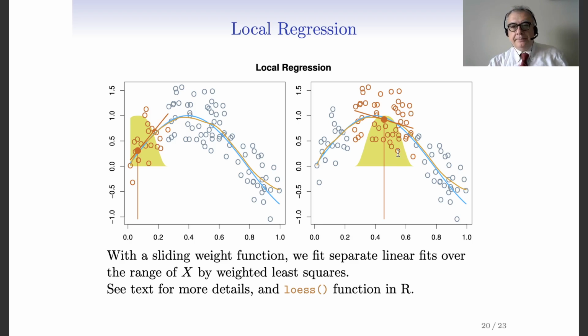Two details. First detail is that not all the points are going to be given the same importance, but I'm using a weighting function. The weighting function is represented here by this yellow curve, and the meaning is that the points that are very close to the central point are going to have maximal weight, while as I move in this direction and in this other direction, less weight is given to the points according to this function.